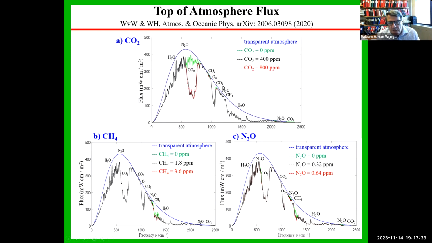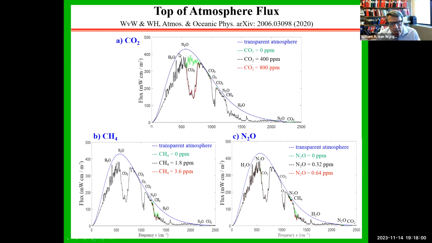So this is the flux, the energy per area per second radiated for these infrared colors or infrared frequencies. So blue line is no greenhouse gases. The black line is when we put in our water vapor, our CO2, ozone, methane, and nitrous oxide. And then we get this black line.